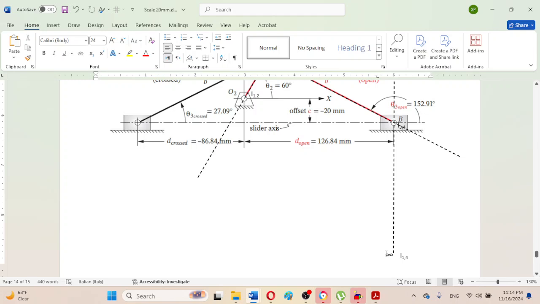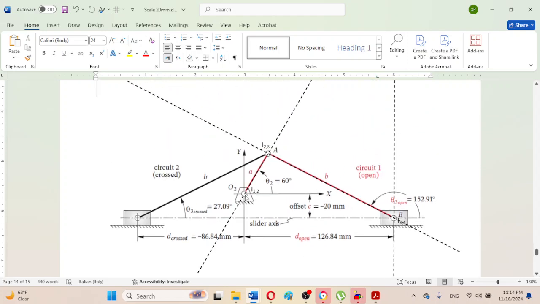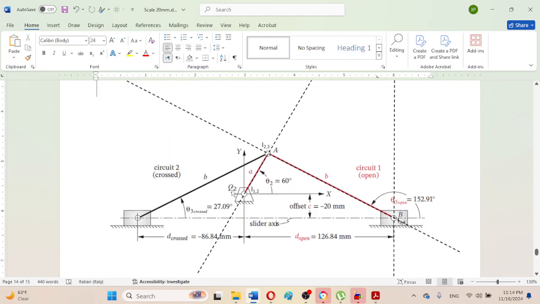So we will be using the concept that we draw a line parallel to this effective rocker link through O2.